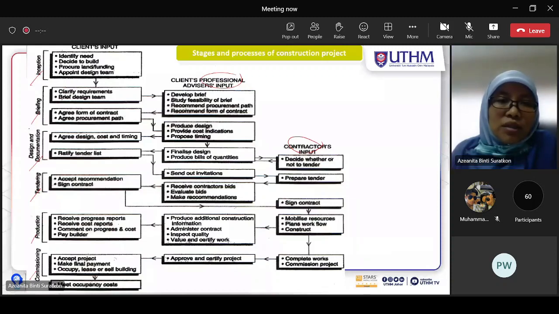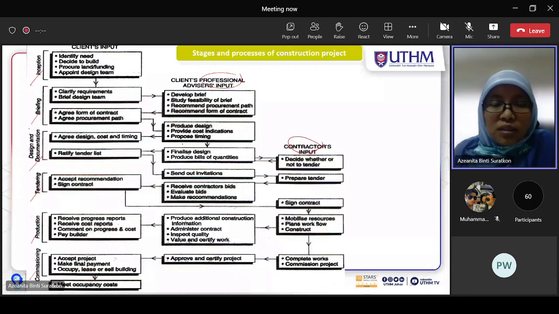This is where the client is involved, and later on during the tender, design and documentation. Actually, during the tender, the contractors will get involved in this project.